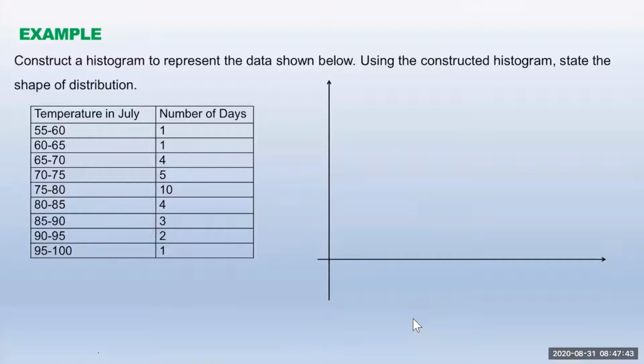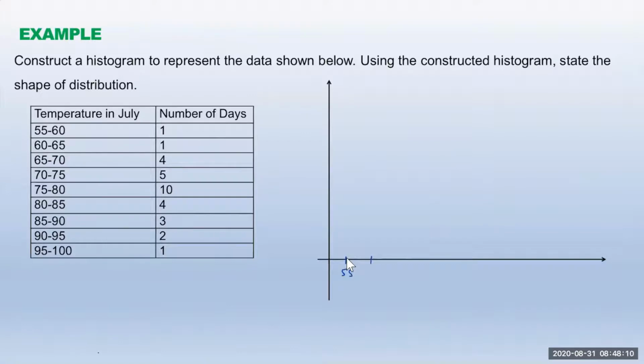Now, along the x-axis, as I told you, you'll have the classes or the groups. The data starts at 55 and goes up to 60. You can start anywhere along the x-axis. I'm going to start somewhere here, and I'm going to call that 55. So we have 55 to 60.